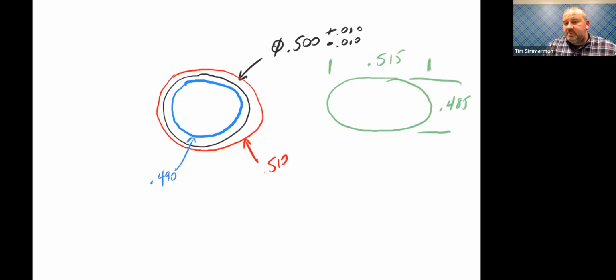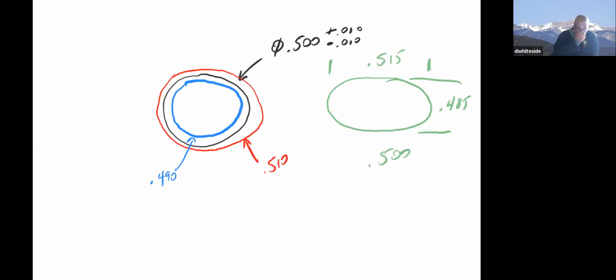I've been to a lot of places where the emphasis is getting parts out the door, not necessarily the right parts out the door all the time. So I'll have somebody come to me and say, well, if you average those two, it's 0.500, so that's a good part, right?